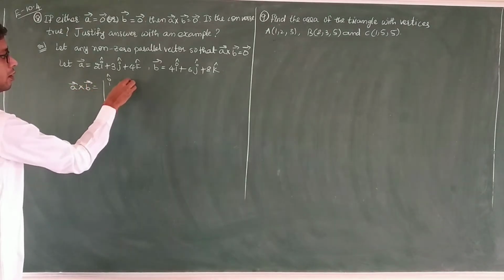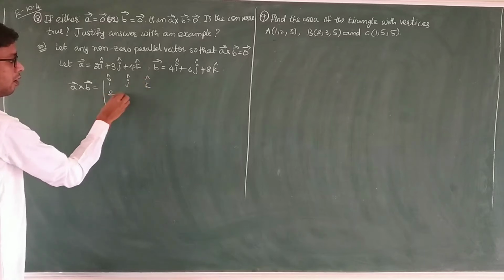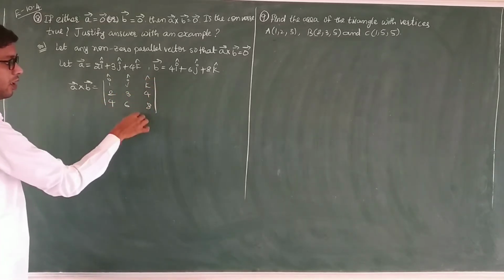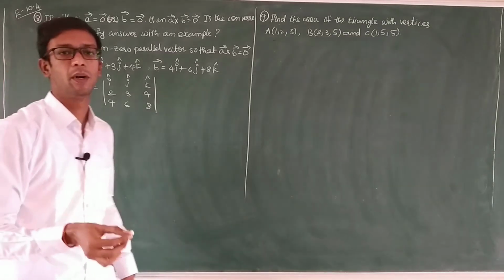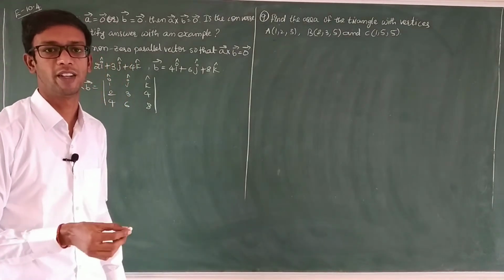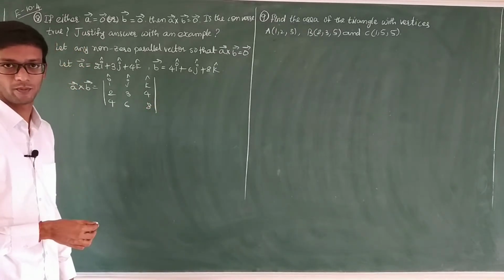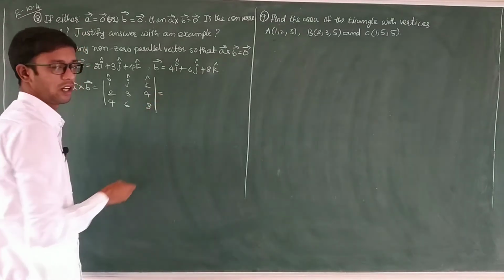I cap, J cap, K cap, 2, 3, 4, 4, 6, 8. Actually, proportional rows can be handled directly using the determinant concept, noting the properties of determinants. We can write 0 directly also, but I won't do that here.